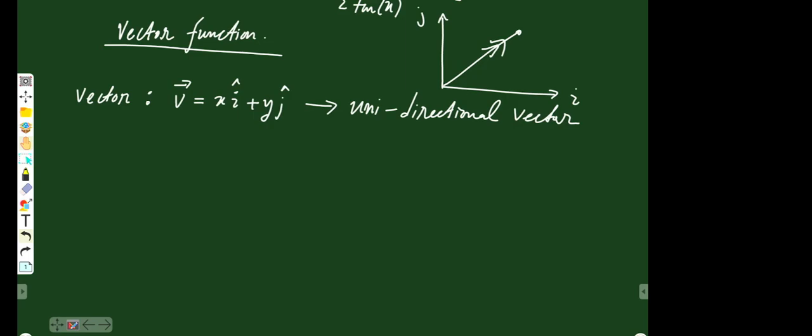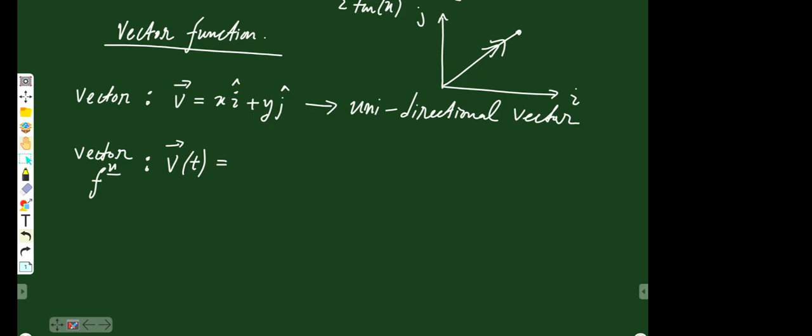Now vector function. Vector as a function, understand it. So you are going to write v as a function of time here. What do you mean by that? That means it is changing with time, right?